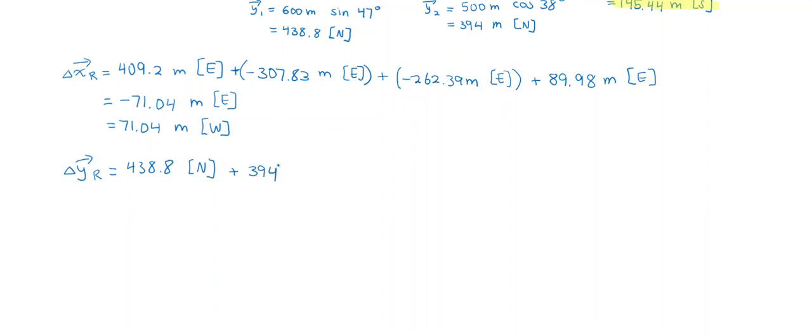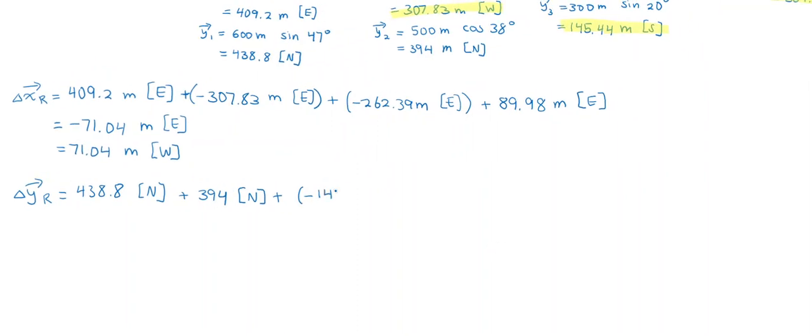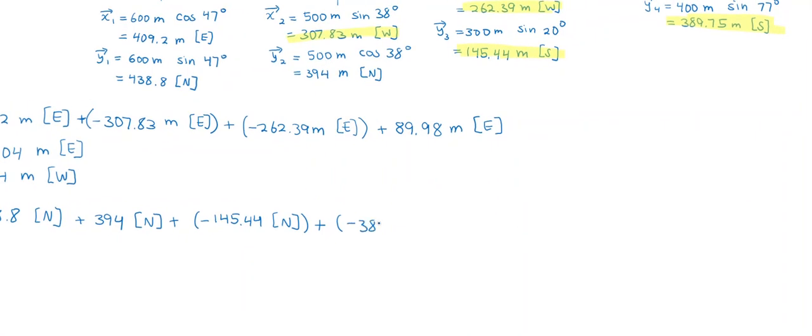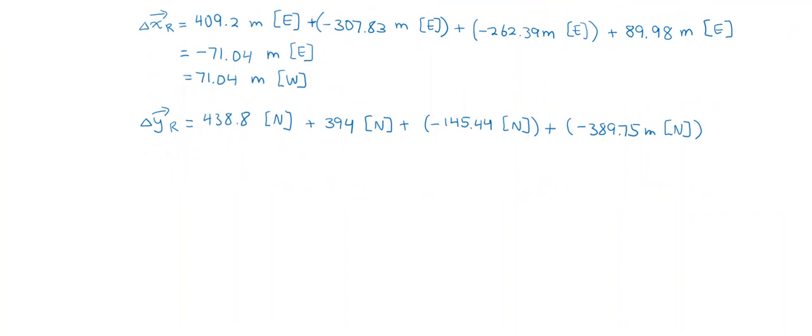Plus 394 north plus negative 145. And then plus negative 389.75 meters north. And now adding all of them up, it should be 297.61 meters north. And this is positive, so we don't need to flip anything around.